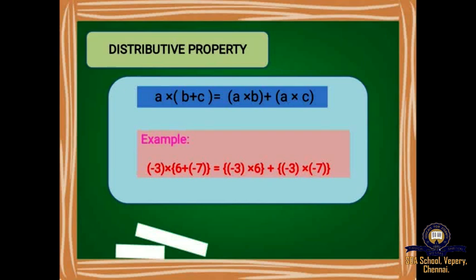A is distributed over B plus C. That is, multiplication is distributed over addition. A into B plus C is equal to A into B plus A into C. Example, minus 3 into 6 plus minus 7 is equal to minus 3 into 6 plus minus 3 into minus 7.